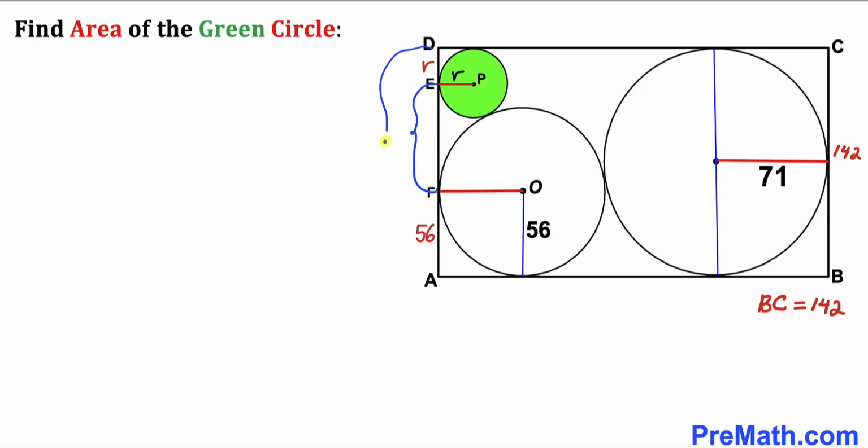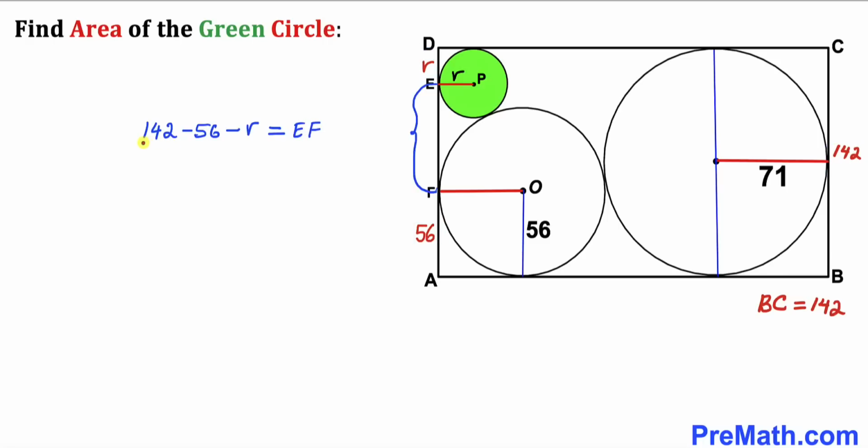We know that this whole distance is 142. So let me write down 142 minus this 56 and then minus R, and that is going to give us this distance EF.